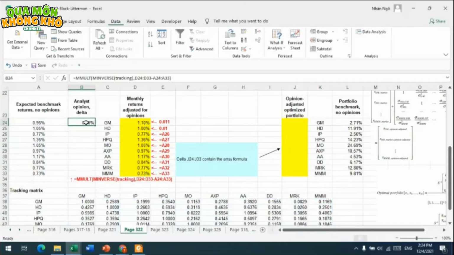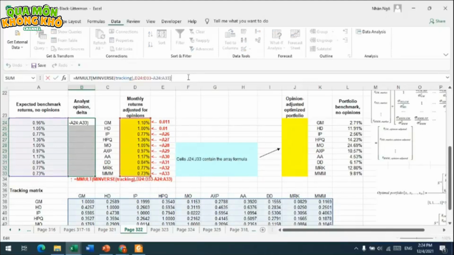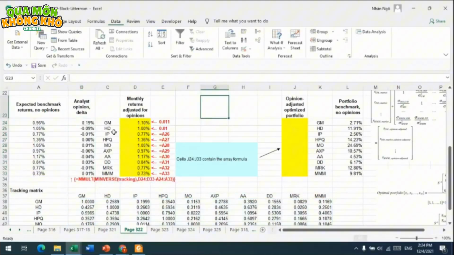Here you can get the result of the delta with the opinion. This delta will help you reach the expected return as your opinion.